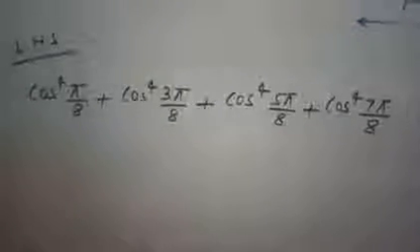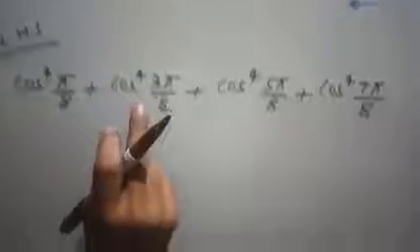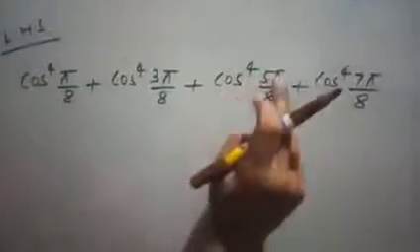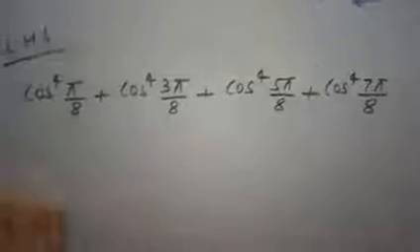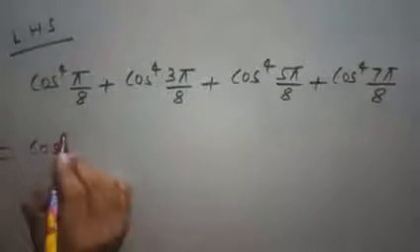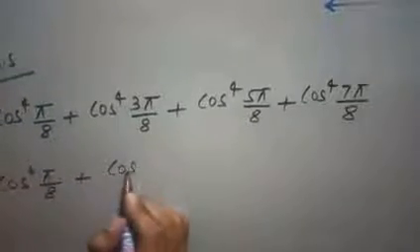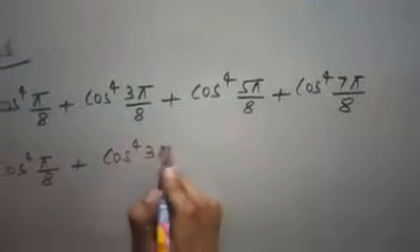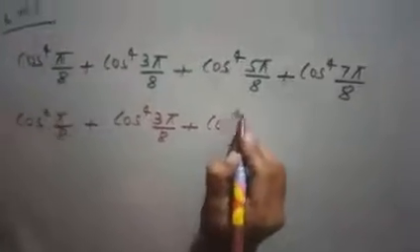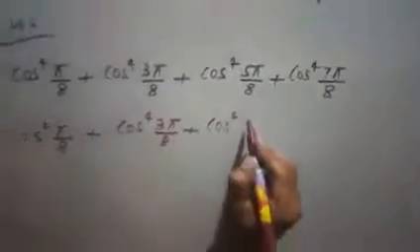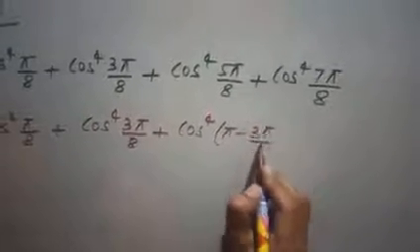Now in the third question, the left hand side is cos to the power 4 pi by 8 plus cos to the power 4 3 pi by 8 plus cos to the power 4 5 pi by 8 plus cos to the power 4 7 pi by 8. Now how can we write? Here cos 4 pi by 8 plus cos 4 3 pi by 8 plus, here you have to watch, cos to the power 4, and this 5 pi by 8 can be written as pi minus 3 pi by 8.